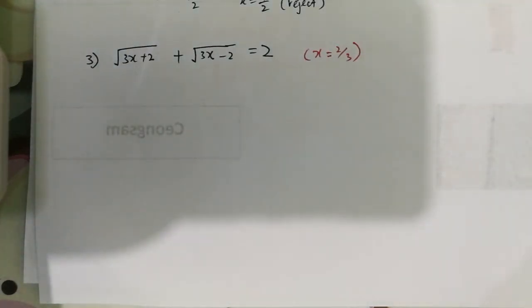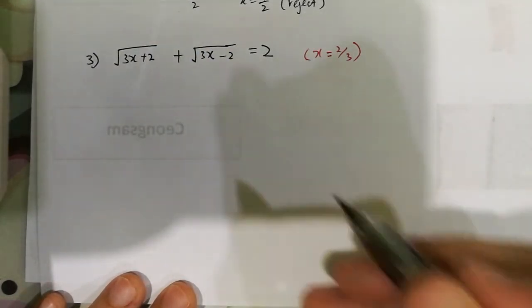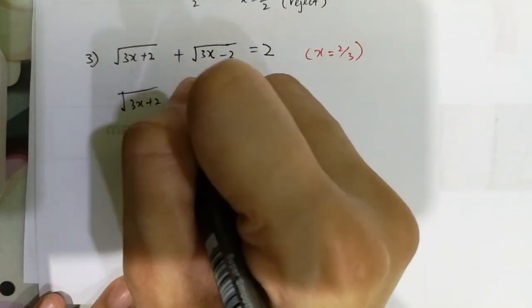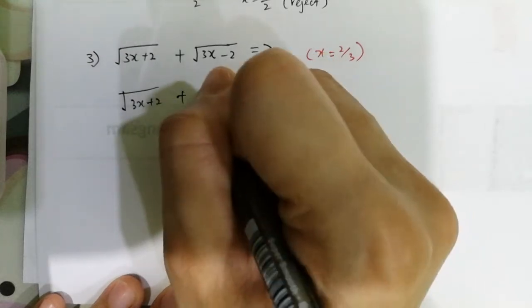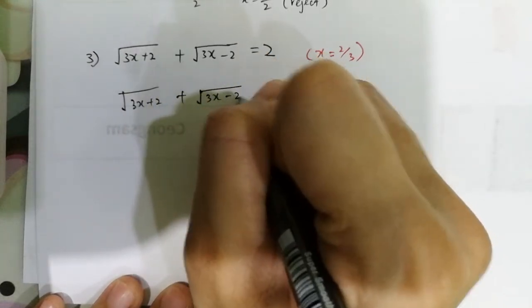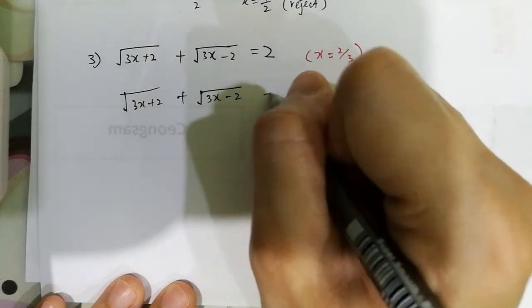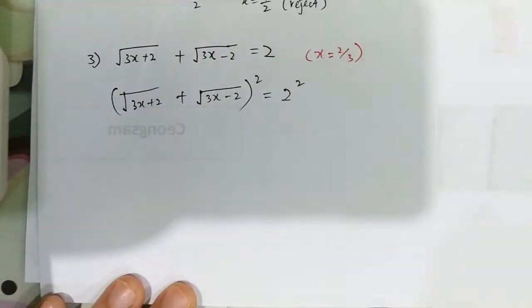For this one you have the starting. Since you have 2 surds here, the starting will be to square both sides and remove the surd.